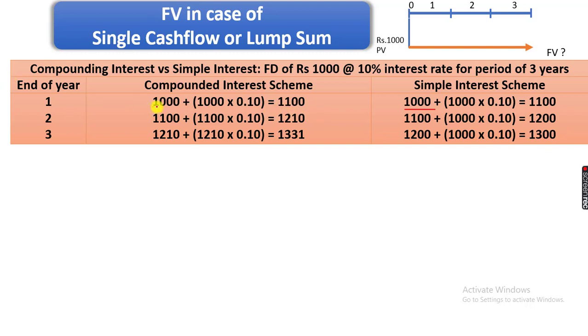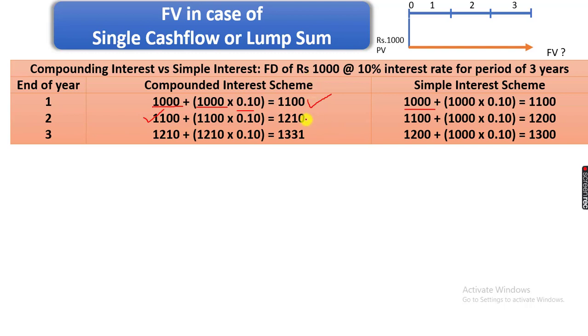The first year, 1000 rupees and 1000 rupees into 10% interest, which is 100 rupees, plus 1000 rupees. At the end of first year, the value is 1100 rupees. 1100 rupees will become the principal of the second year. 1100 rupees on which 10% interest is calculated and added back to the principal amount 1100.